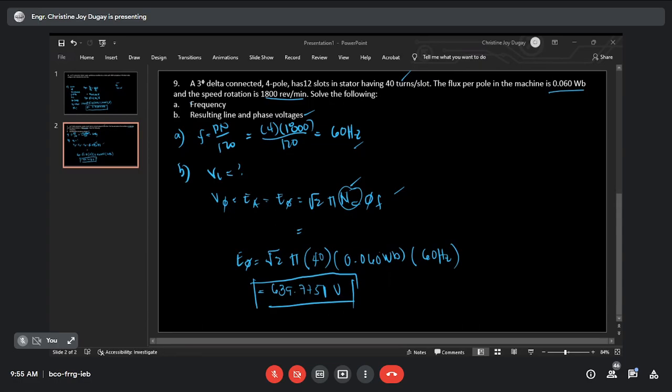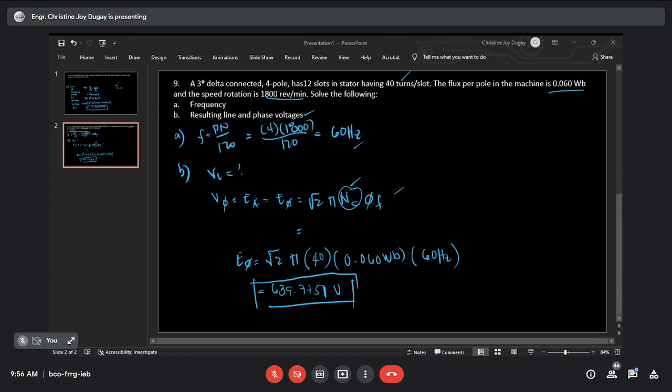That is very important, what we need to know how many slots there are in one phase. Slot per pole per phase. Let me check, our slots per pole is 12. Then that's correct, 12 slots, which is 4 divided by 3. Correct, 1.